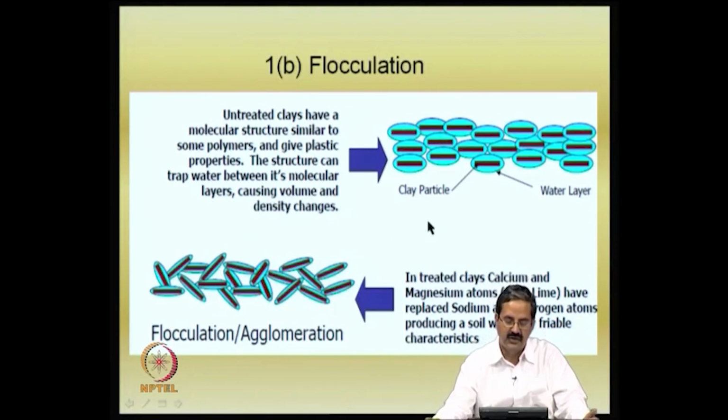But if you add calcium, what happens in treated clays is that calcium replaces the sodium and hydrogen atoms, and they produce a structure like this. You have what is called edge to face flocculation, where the edges meet the faces, and there is an arrangement like this. This is what we call flocculation or agglomeration.